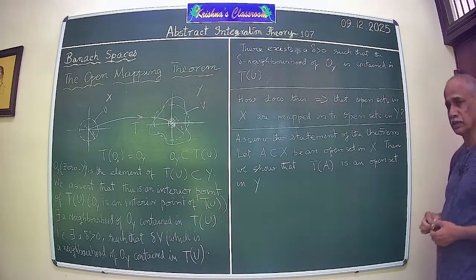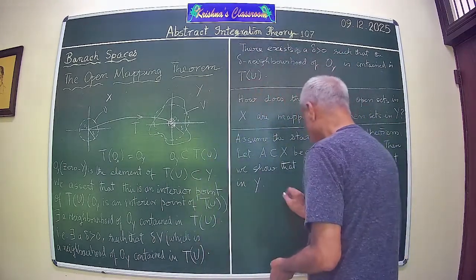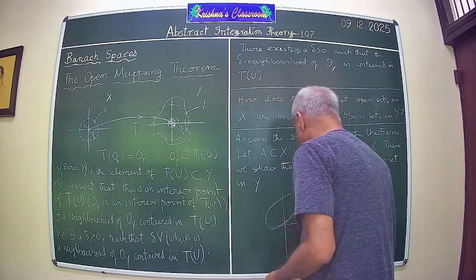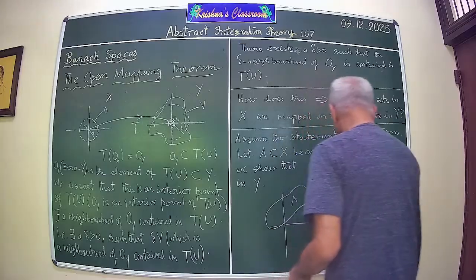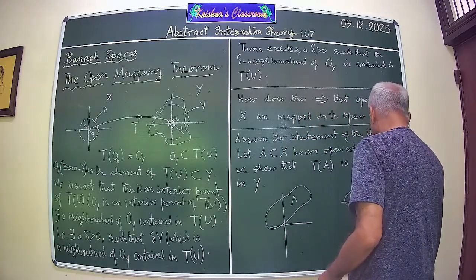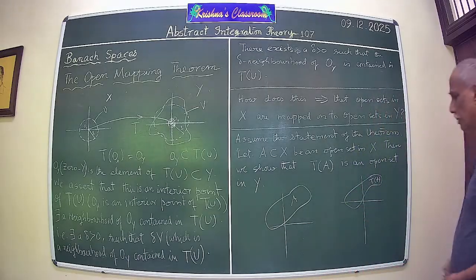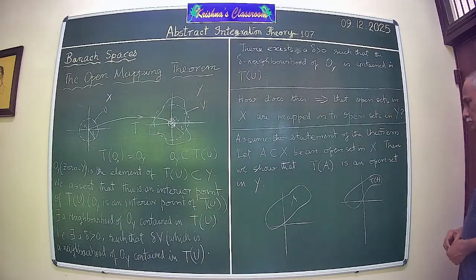So what does it mean? It means that what is that you have to do? So you have, suppose this is A, this is T A. Want to show that this is open. Okay.